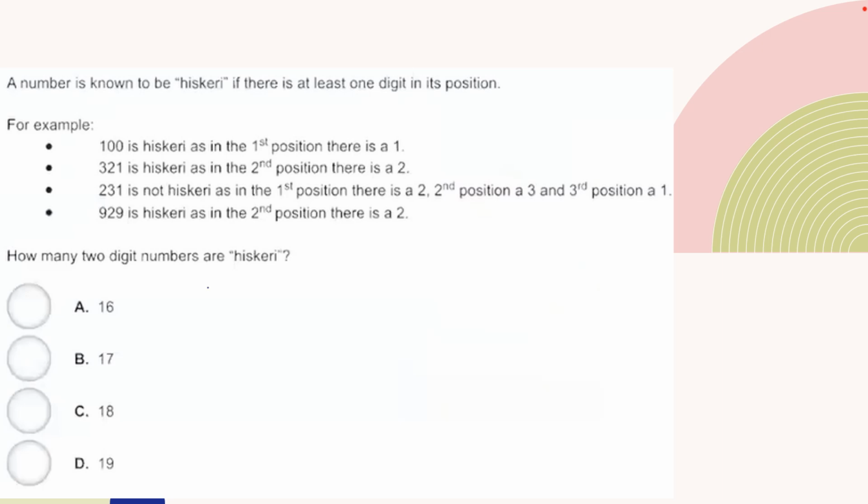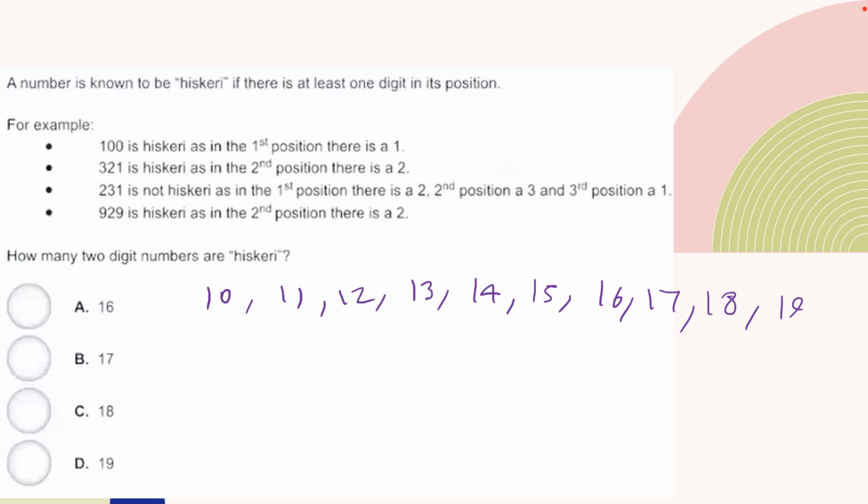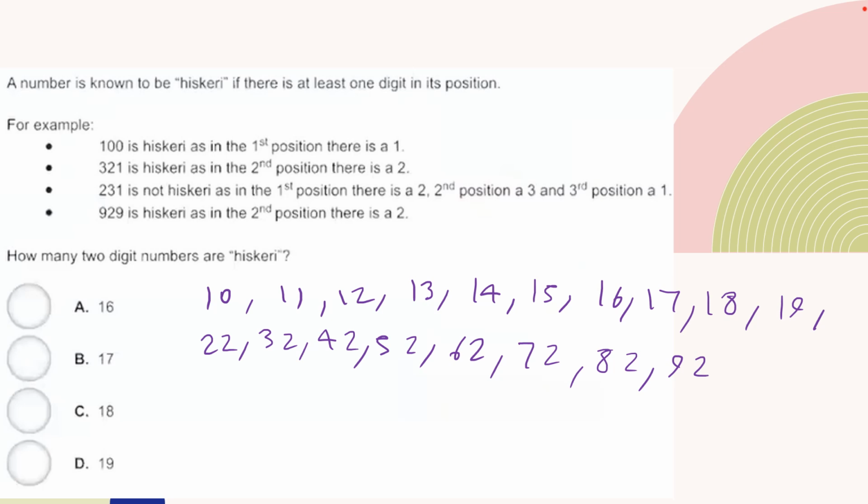We find that it's 10, 11, 12, 13, 14, 15, 16, 17, 18, 19. And then we have 22, 32, 42, 52, 62, 72, 82, 92.